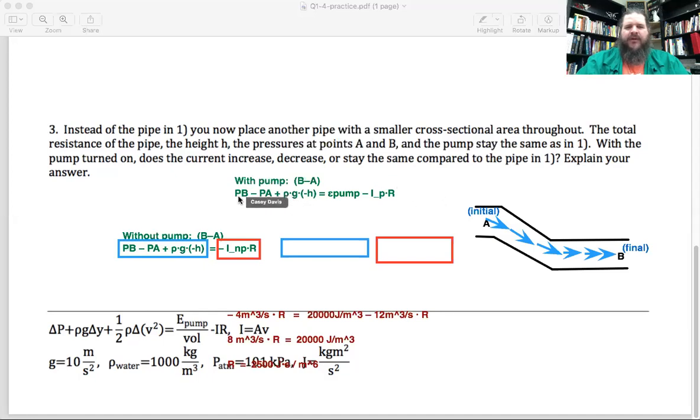Have we changed the pressure difference from A to B? Have we changed those pressures? What do we know about the cross-sectional area at location A and the cross-sectional area at location B?